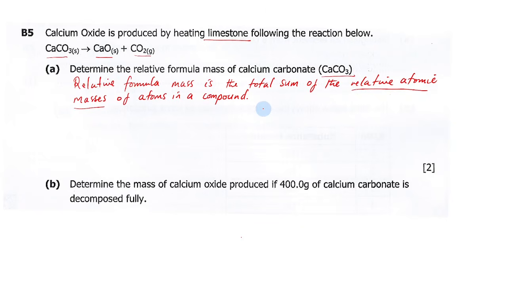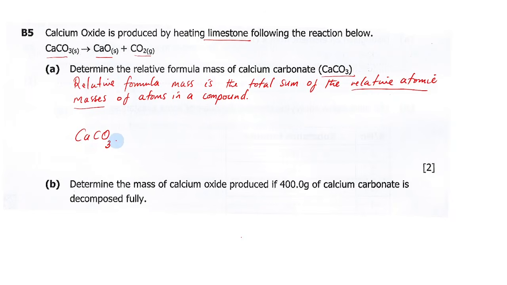Now, you are given calcium carbonate. They want you to find its relative formula mass, but you must know how many atoms or elements are in it. We have calcium, carbon, and oxygen. So you need to know the individual relative atomic mass of each of these elements.